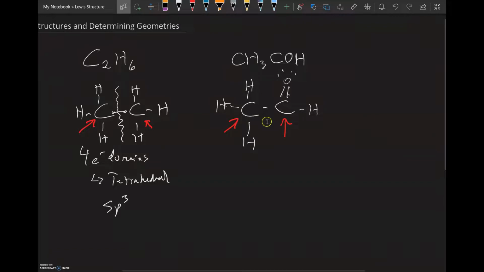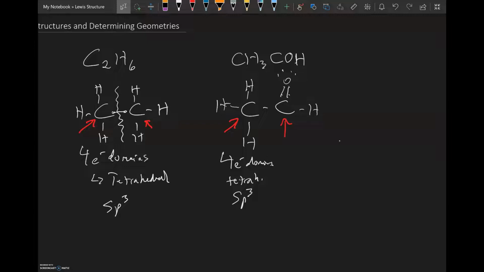You have the left carbon and the right carbon. The left carbon is similar to what we saw already in the previous 2, where it has 4 electron domains, a tetrahedral arrangement, and it's also sp3 hybridized. Now, the second carbon is different.